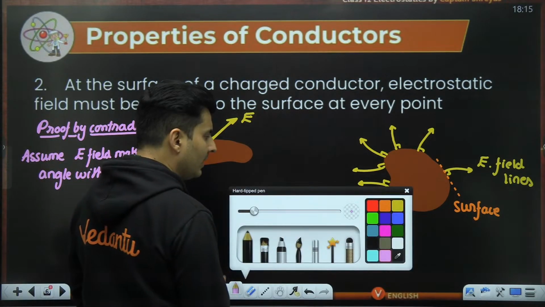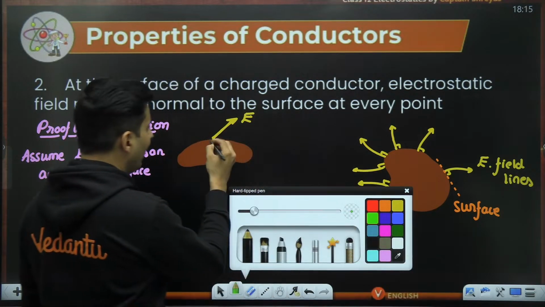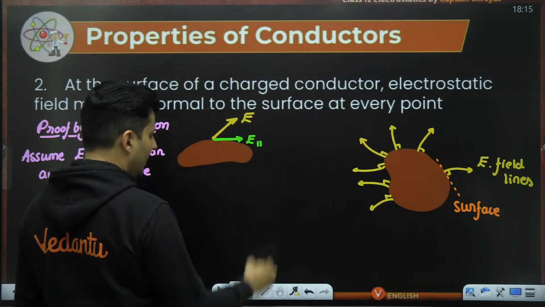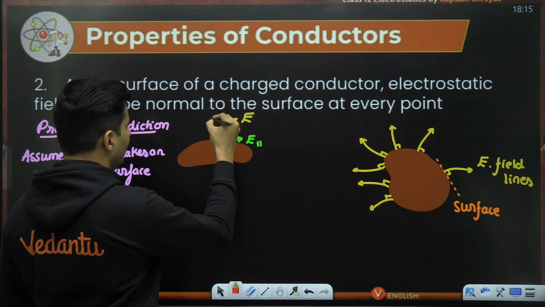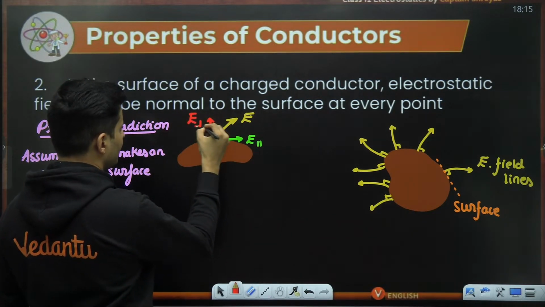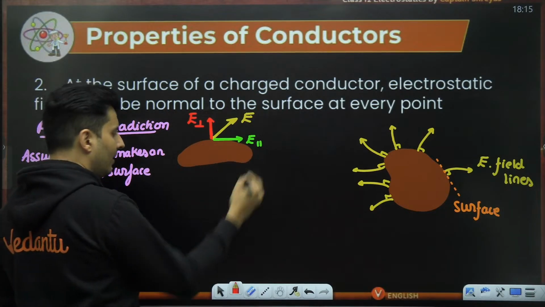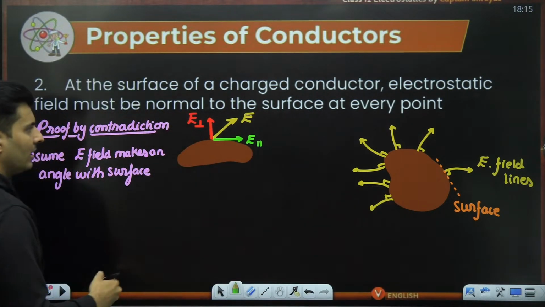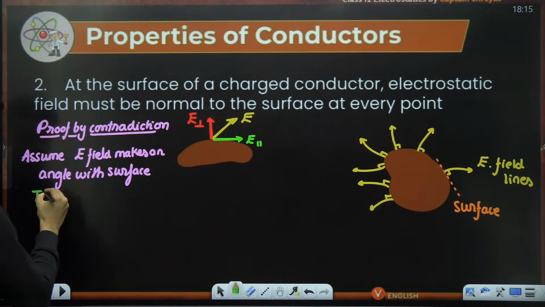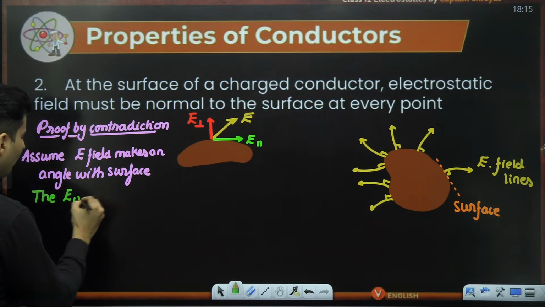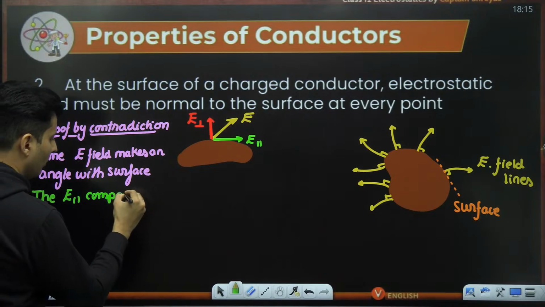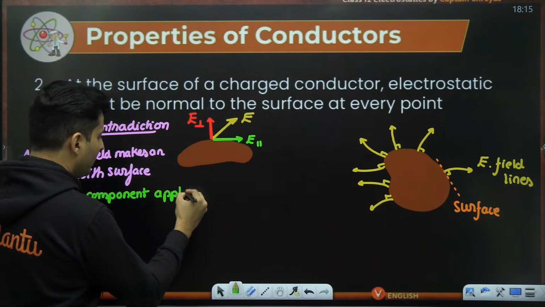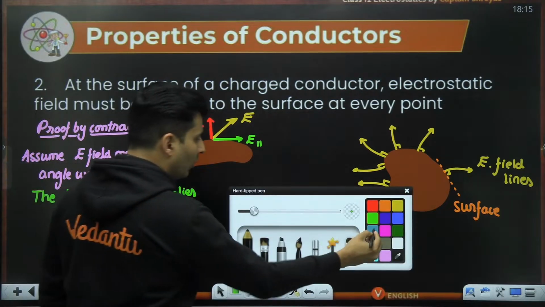So now the electric field will have two components. One component will be parallel to the surface like this, and the other component will be perpendicular to the surface. Now, once we have two components, look at the parallel component of the field, the E parallel component, because it is making an angle, it applies some kind of force on the charges.